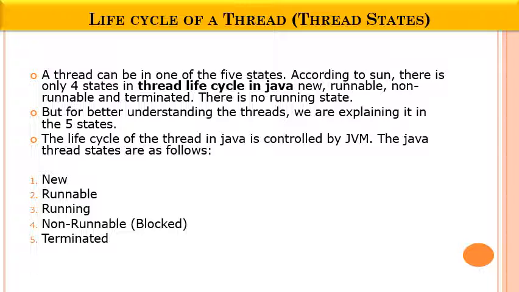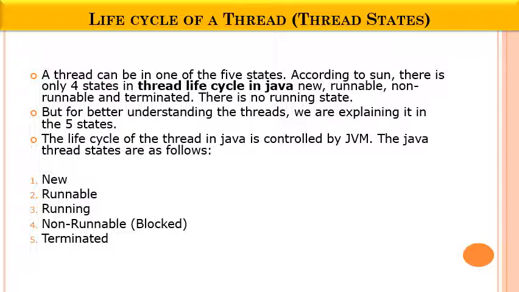According to Sun Microsystems, there are only 4 states in the thread lifecycle in Java: new, runnable, non-runnable, and terminated. There is no separate running state, but for better understanding of threads, we are explaining it here in 5 states.